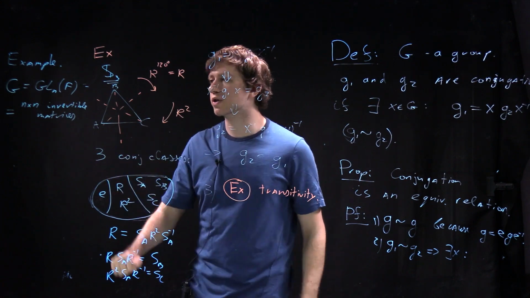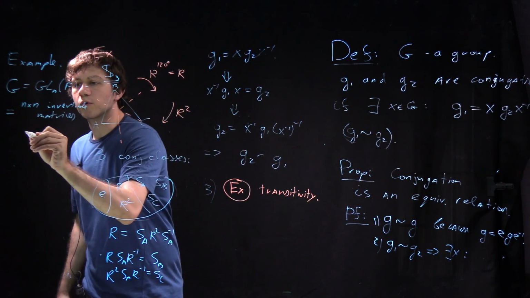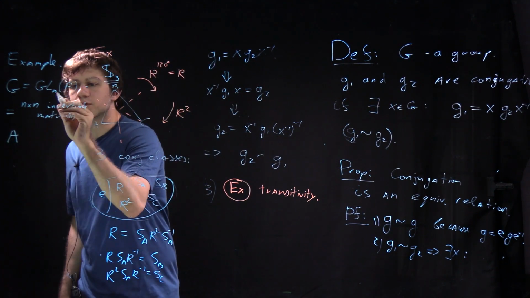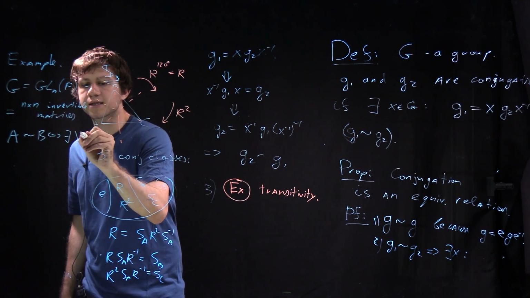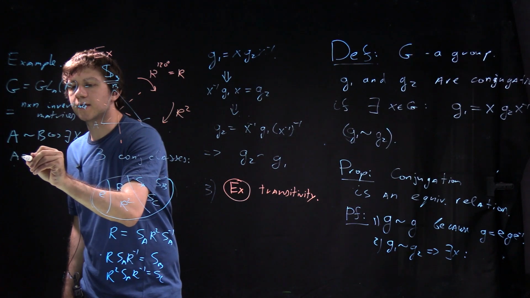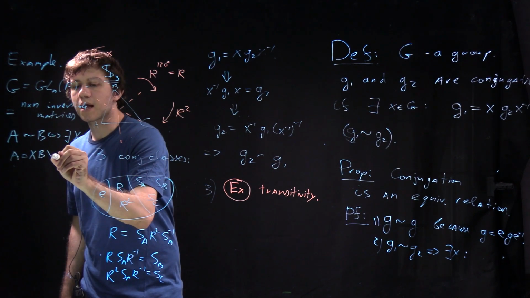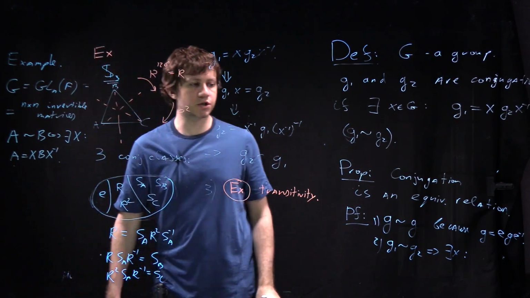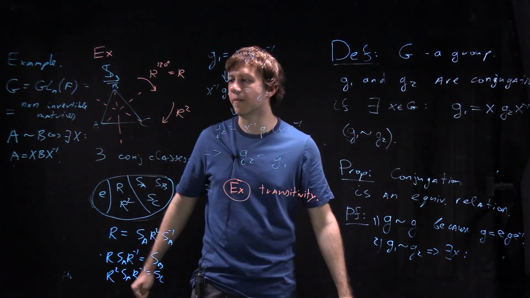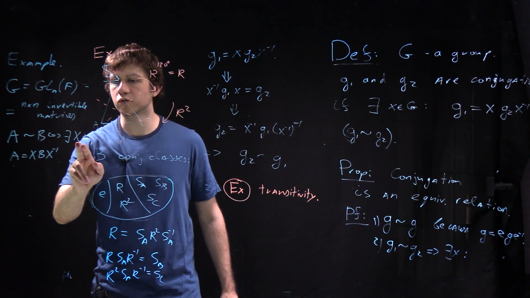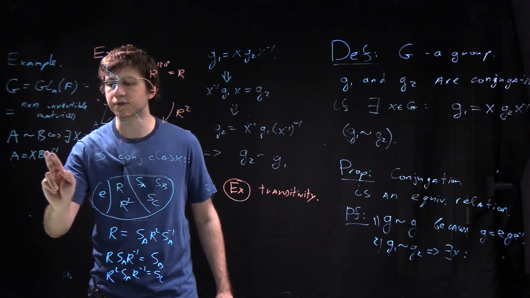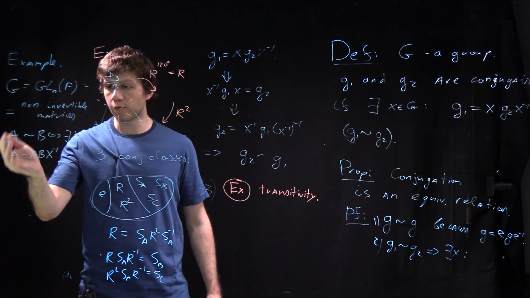So what are the conjugacy classes? A is conjugate to B if and only if there exists X such that A equals X B X inverse. That's just the definition, literally the same formula. And we know very well this definition.